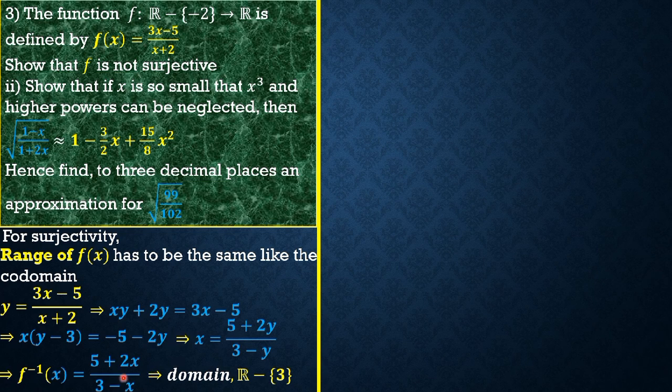Now that we have the range, which is the domain of its inverse, we can see that this is not the same as what we have here. Since the codomain of this function is R, and the codomain, which is all real numbers, is not the same as the range, which is all real numbers excluding 3, it means that the function f is not surjective.